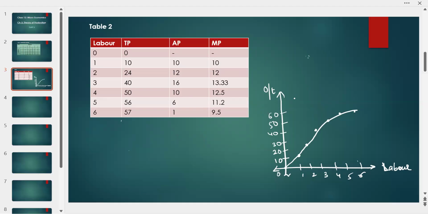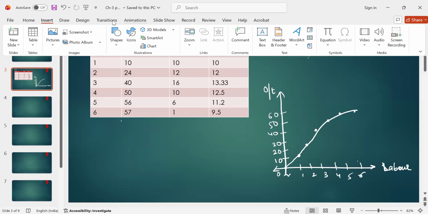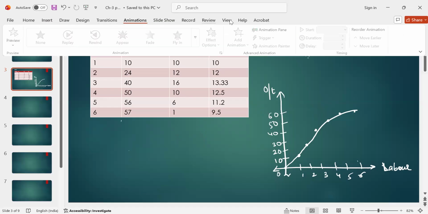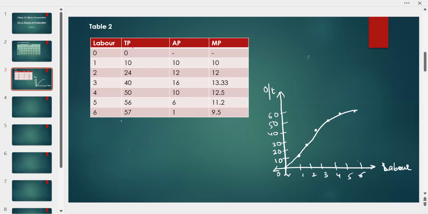Now the average product. I'll take a different pen. 1 unit of labor produces 10 units of average product, and employing 2 units of labor gives an average product of 12 units.